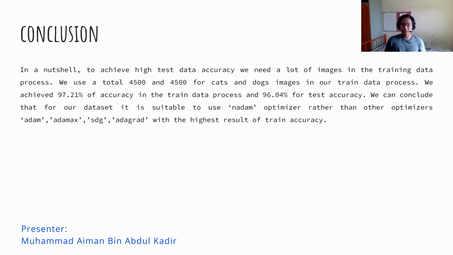We achieve 97.21% accuracy in the train data process and 96.04% for test accuracy. We can conclude that for our dataset, it is suitable to use the Adadelta optimizer rather than other optimizers such as Adam, Adamax, SGD, and Adagrad, with the highest result of train accuracy.